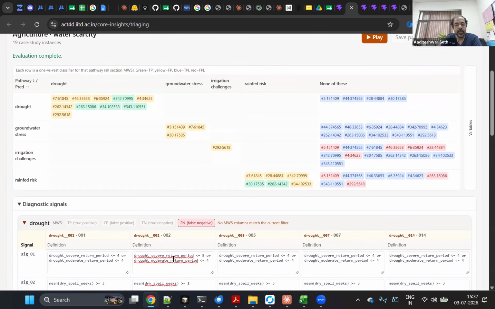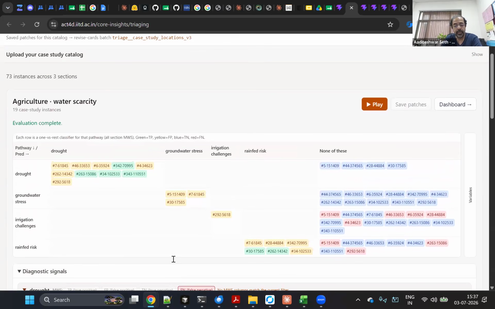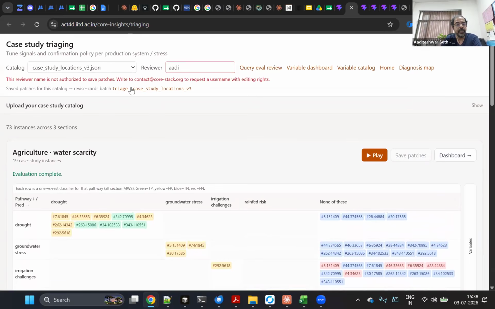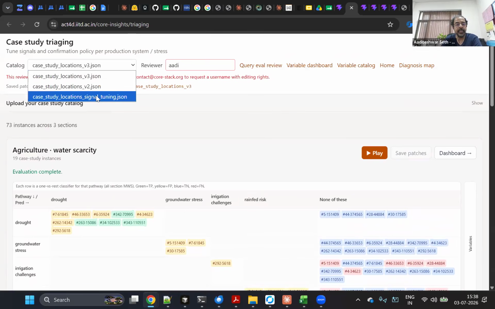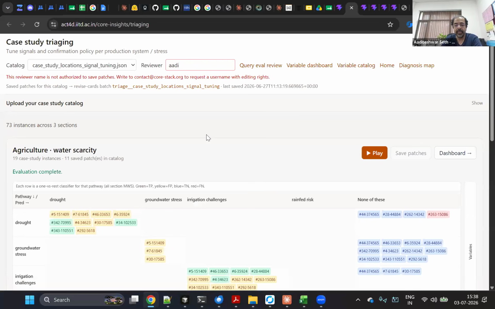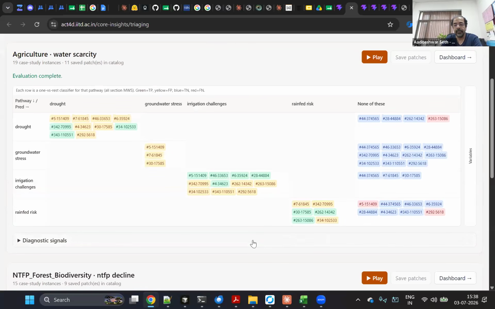Plus, there's also another thing that we've implemented, a fine-tuning algorithm, which picked up these case studies and tried to find better thresholds. So now you can see most of these are on the diagonal itself.